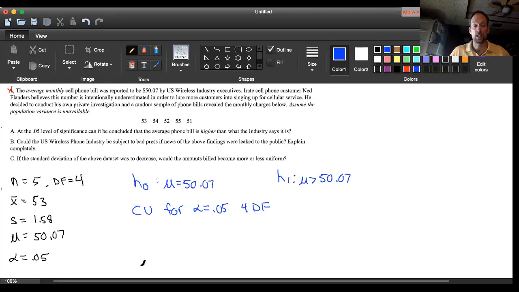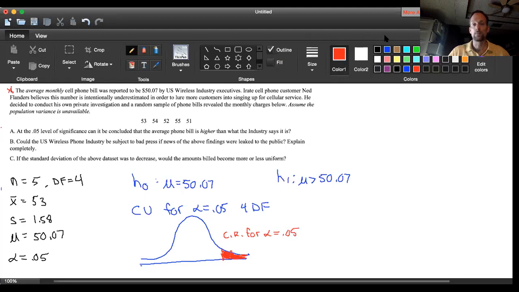I'm going to make a curve sketch here, and that critical region is going to go on the right side of our curve. The critical value is going to be 2.132.